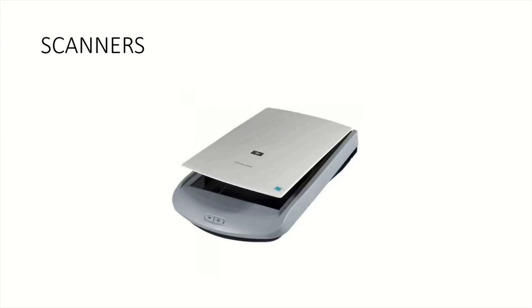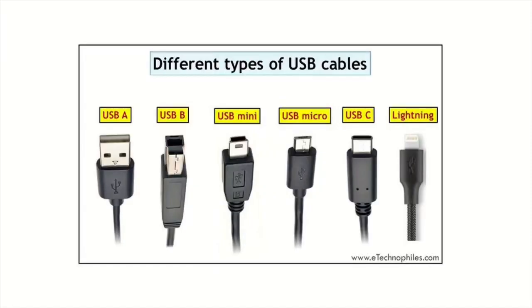Then we move into the common input and output ports. The first one is the USB port. The USB port comes in many different varieties. The most common one being the USB type A and the USB type B. The USB type A is what you find on your desktop and laptop mostly. However, we have newer laptops that are coming in with other USB type connectors like type C. Then USB type B is what you typically find on your printer.